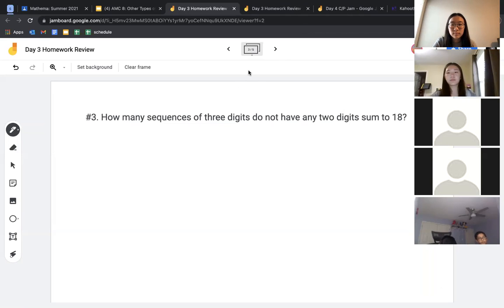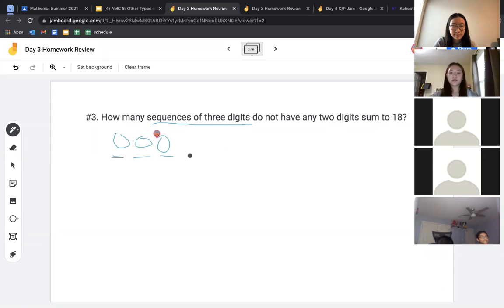So basically, first thing to notice is that the question is asking for sequences of 3 digits. So it's not a three-digit number, where the first digit can't be 0. It's just one digit followed by another one, followed by another one.